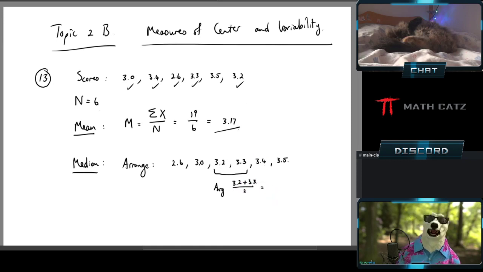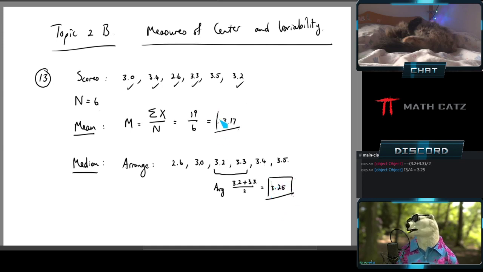I can even do it in MathBot. I'll need a bracket: 3.2 plus 3.3, close my bracket, divided by 2, and I get the answer 3.25. So there is my median. Put a box around it. They're pretty close, as expected.